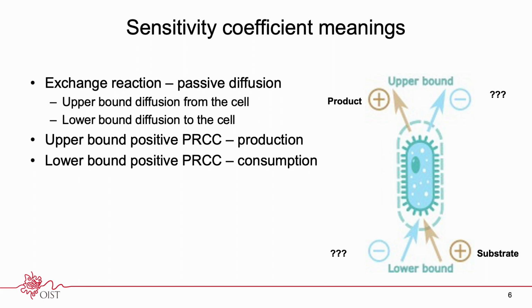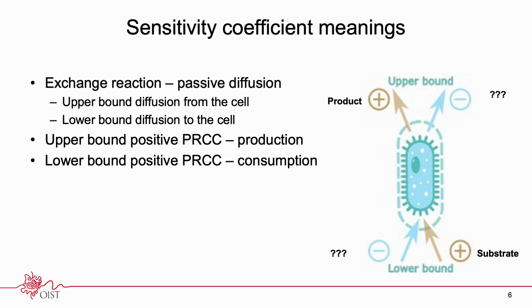As I mentioned, from the sensitivity analysis we have two types of variables, upper bound and lower bound, and we got two signs of the coefficients. Usually in coefficient analysis, people consider only consumption and production, which corresponds to the positive correlation coefficient between in and out flux of the compound and biomass production.